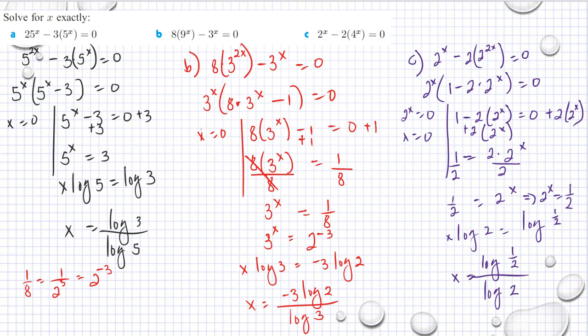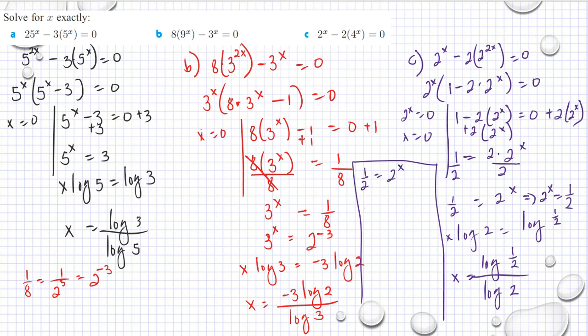Okay? For C, there is another way of solving that. I think I can put it here. It's not that difficult. As you can see here, I have 1/2 is equal to 2 raised to x.